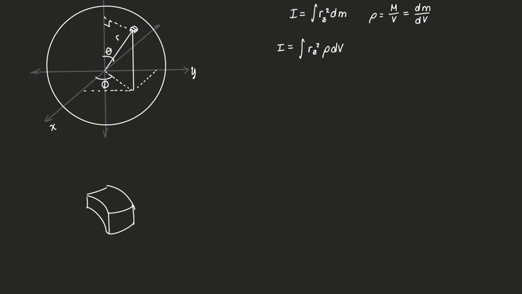And our goal is to think about these dimensions right here. So let's start with this one right here. As you can see, I've drawn 3 different coordinates. We have r, the distance of the mass element from the origin, theta, the angle from the z-axis, and phi, the angle from the x-axis.